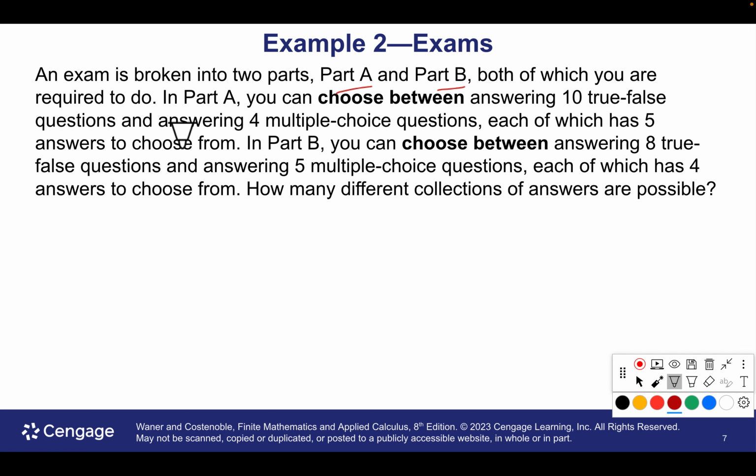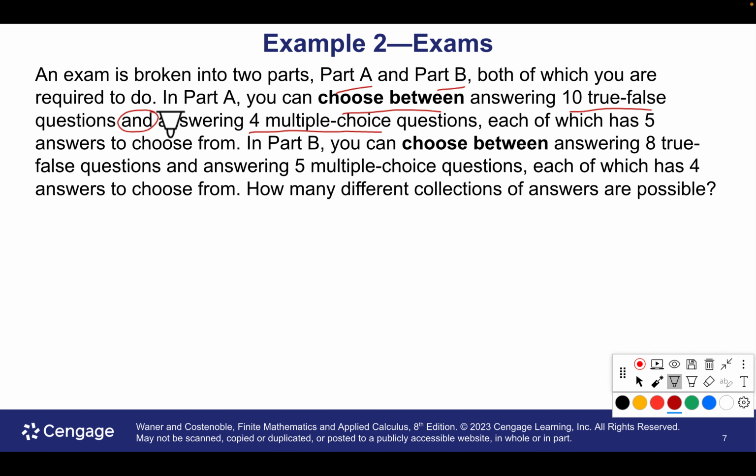But for part A, we get to choose between either answering 10 true-false questions or answering 4 multiple choice questions. Now, they use the word and here, which really threw me, because and means you need to do both, right? They should have used or, at least in my way of thinking.